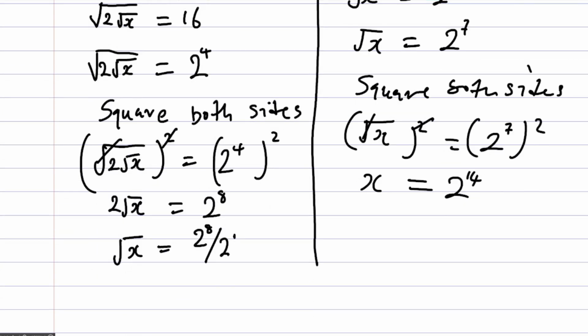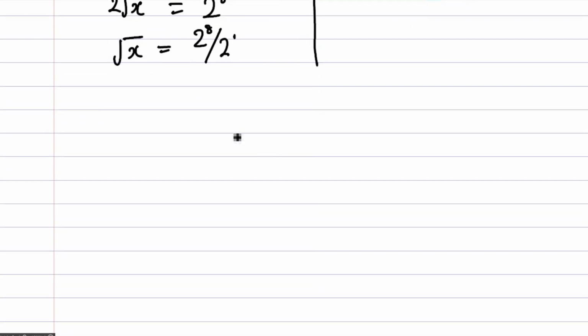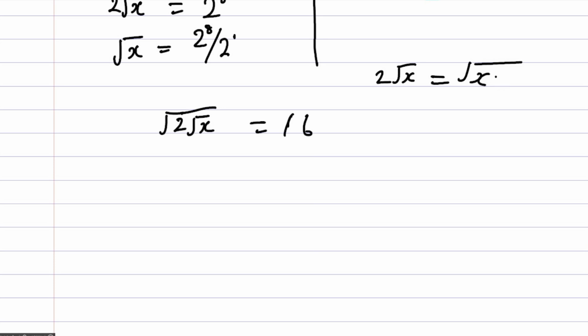Now another way we can solve this is, they gave us that the square root of 2 with the square root of x here is equal to 16. Let us take this 2 inside first. If you have 2 the square root of x and you want the 2 to go inside, it's going to be the square root of x that is already there times 2 times another 2.